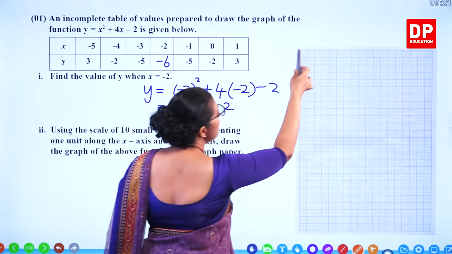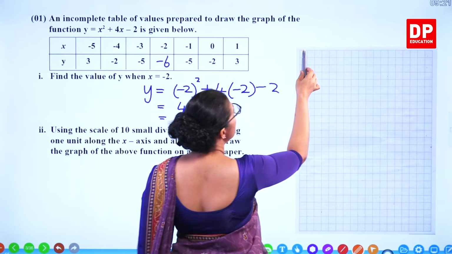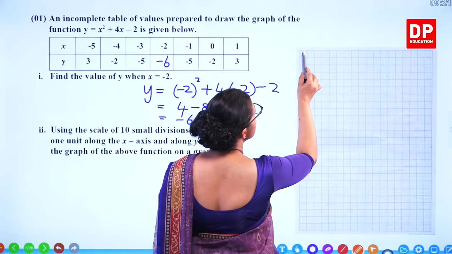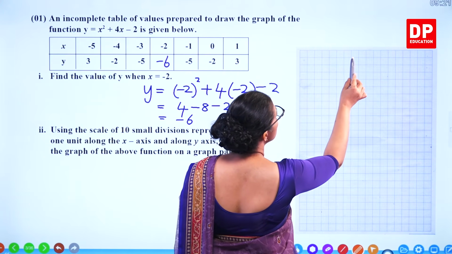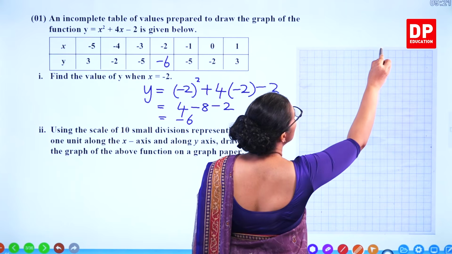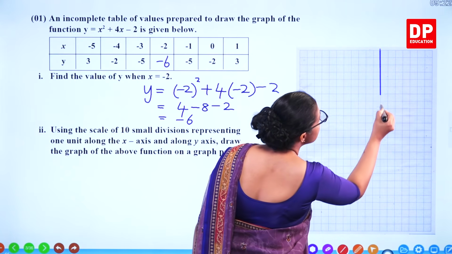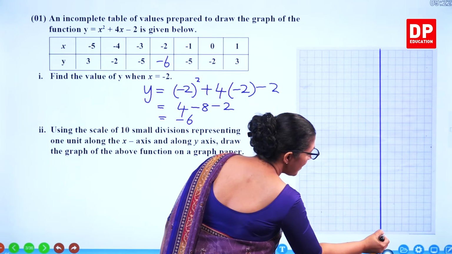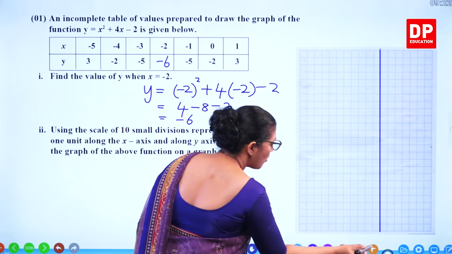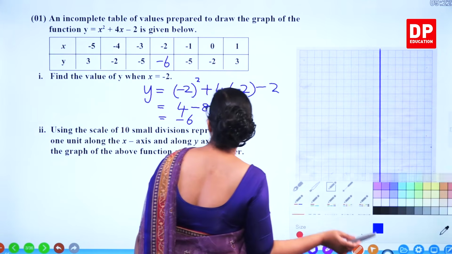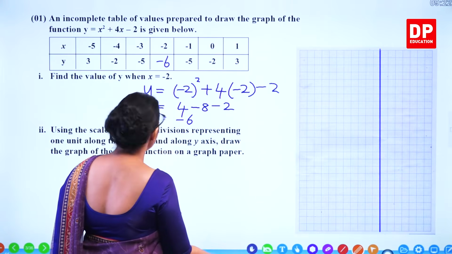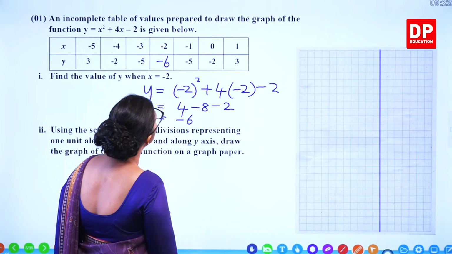So if this is minus 5 here, you can decide the y-axis. First you can draw the y-axis. That's the y-axis. And then you can mark the y values. So y is from 3 to minus 6.